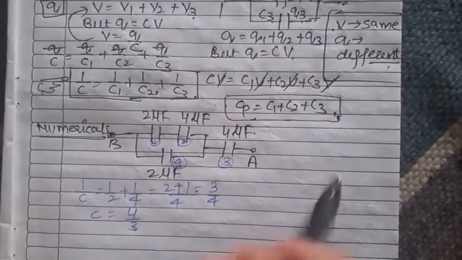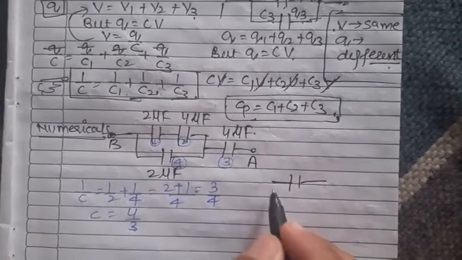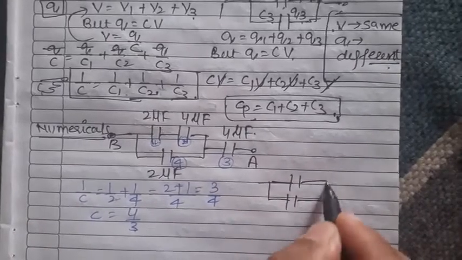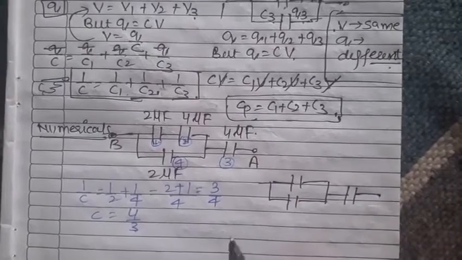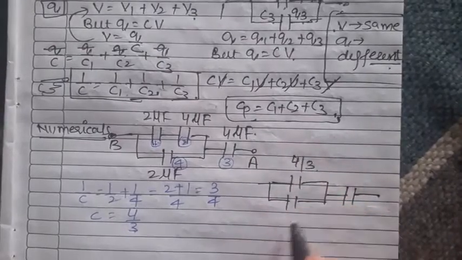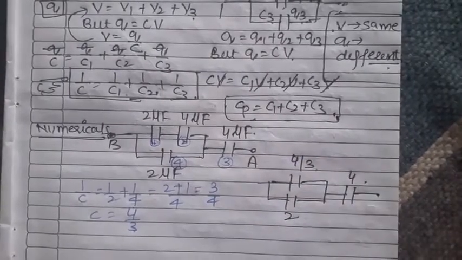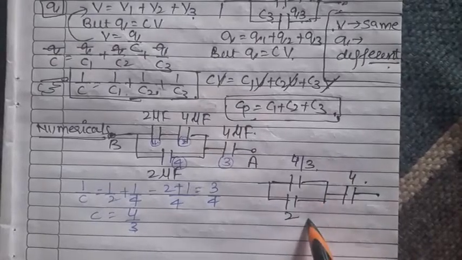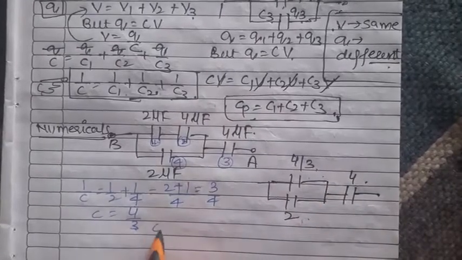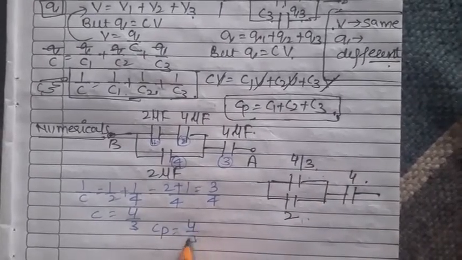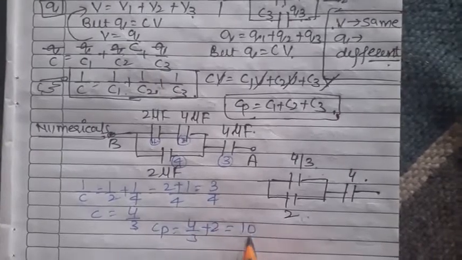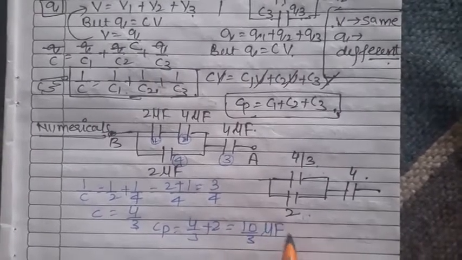So this circuit now becomes 4 by 3, and this is 2, and this is 4. Now these two are in parallel, so in parallel it will be 4 by 3 plus 2, so it will be 10 by 3 microfarad.